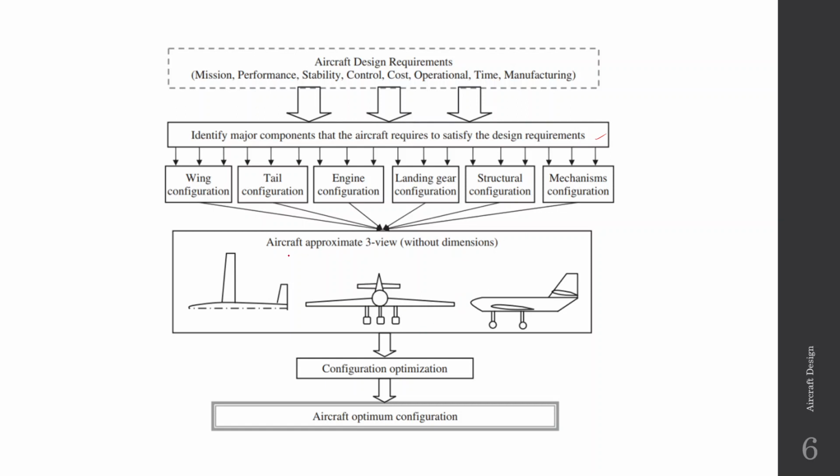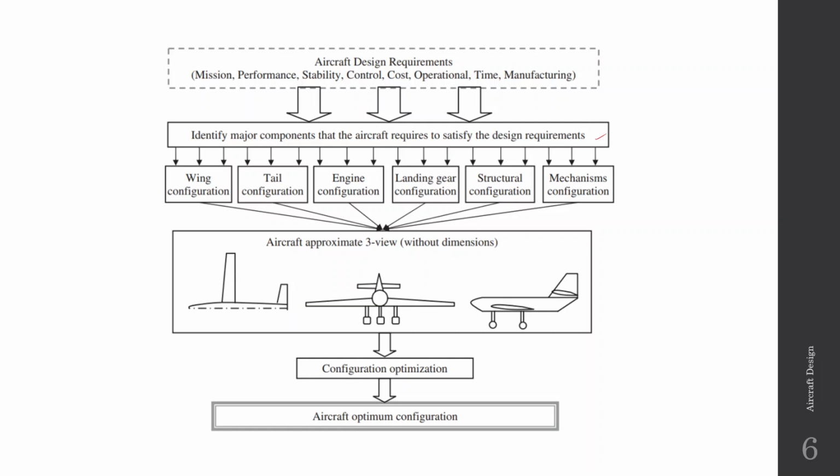Then we come up with an approximate aircraft which satisfies these requirements. For this process we may use historical or statistical data also, and once we come up with this approximate aircraft, we can then optimize it. We'll see that in aircraft design there are often conflicting requirements and conflicting trade-offs, and we cannot optimize everything.